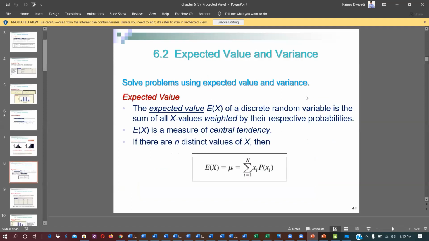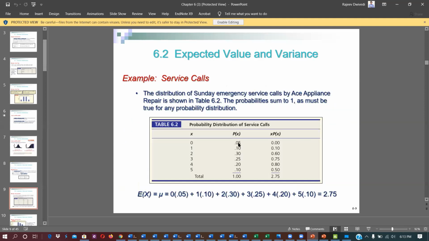What is the expected value? Now, another important concept, then we are going to go directly to Minitab. Expected value is the sum of the multiplication of event and event probability, and it is also known as mu, which is the mean. Look into this case. Event 0 has 5% probability, event 1 has 10% probability, event 2 has 30%, event 5 has 10%.